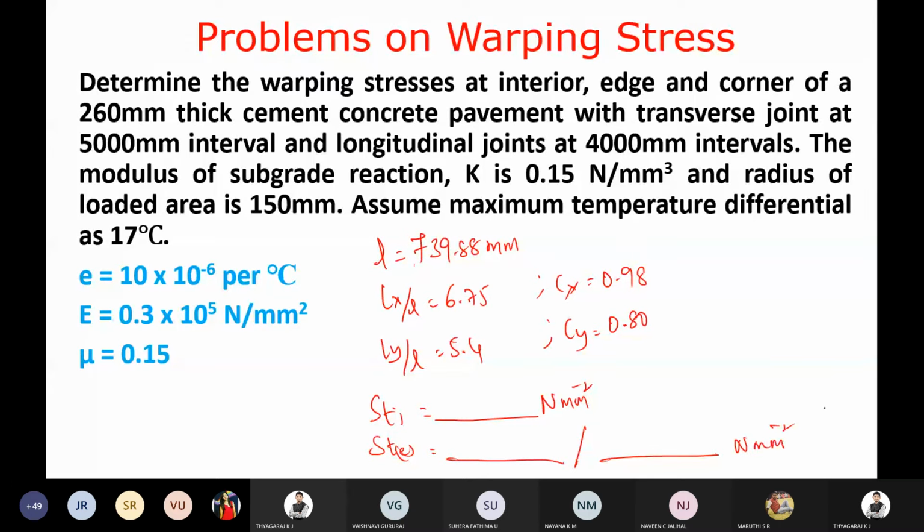Tell me those two values. Then stress at corner region, Newton per mm square. What is the stress at interior? Doing, sir. Okay.